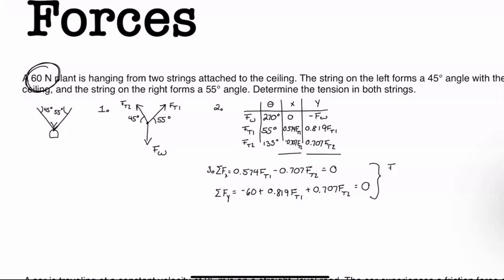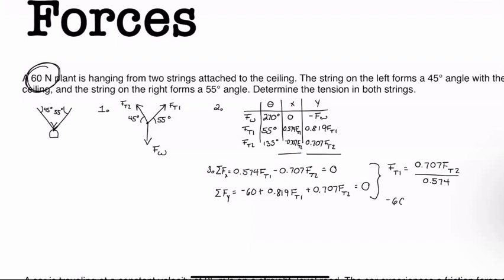Therefore, I have that FT1 is going to be equal to 0.707 FT2 divided by 0.574. And this right here is going to go in my equation for the forces in y.